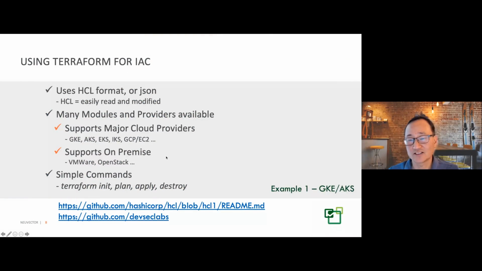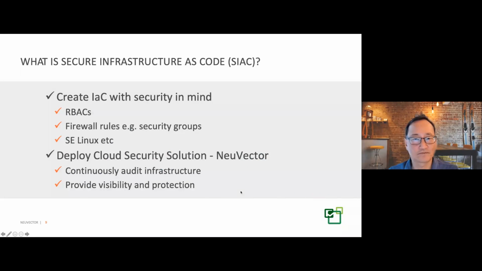And I'm not going to actually run those examples today. We do have instructions on how to do that on the blog post that I showed earlier. And we have done hands-on demos in the past. And if you're interested, we can provide you with links to that as well.